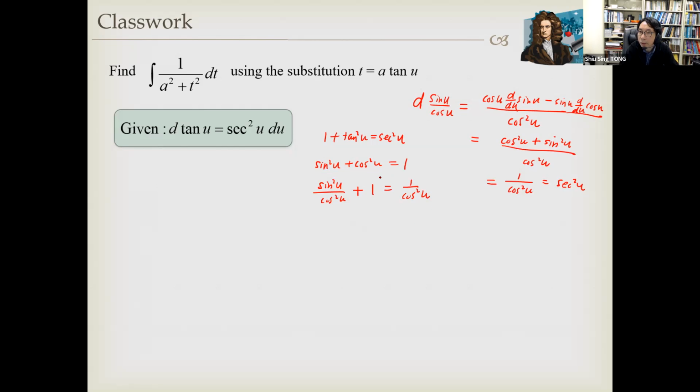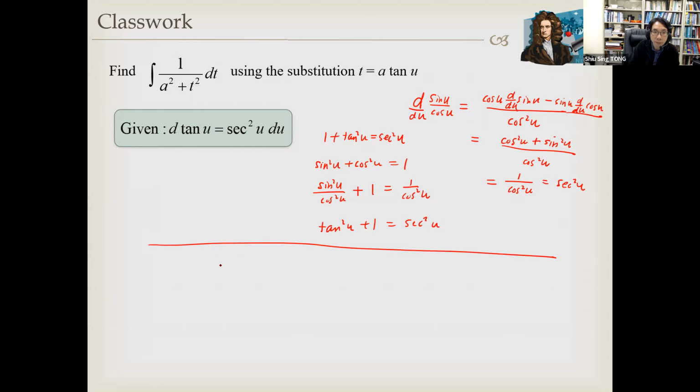This is tangent square u, and on the right-hand side is just secant square u. So we have proved all the formulas that you might not know simply by using sine square u plus cosine square u equal to 1. Sorry, I should write here ds/du. So how do you integrate this?